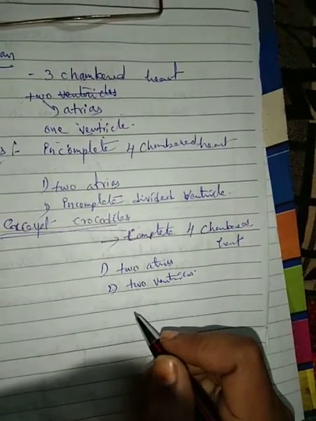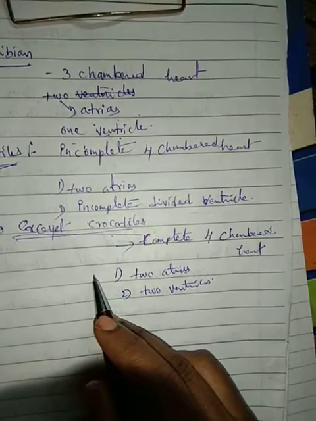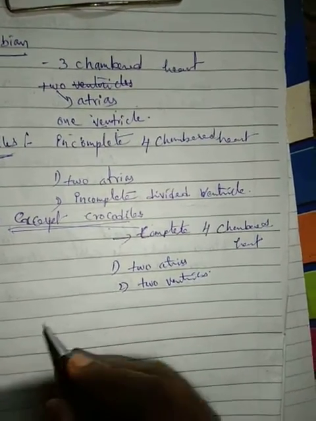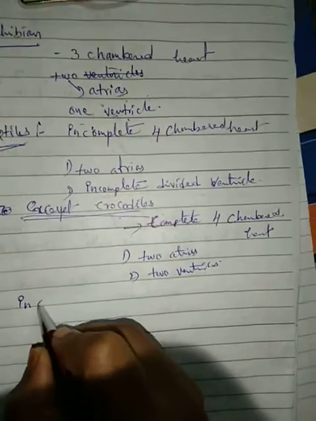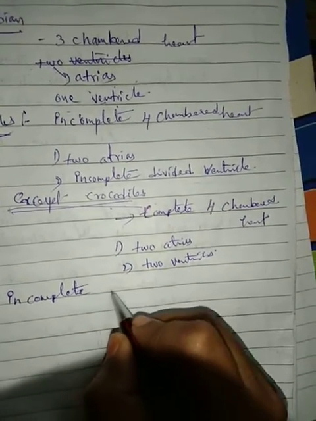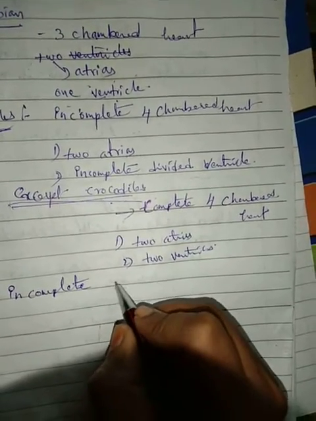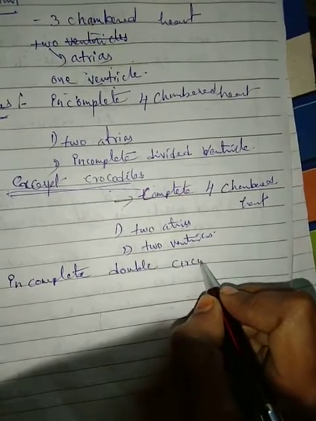But reptiles have the incomplete four-chambered heart, except crocodile. Their circulation is incomplete double circulation.